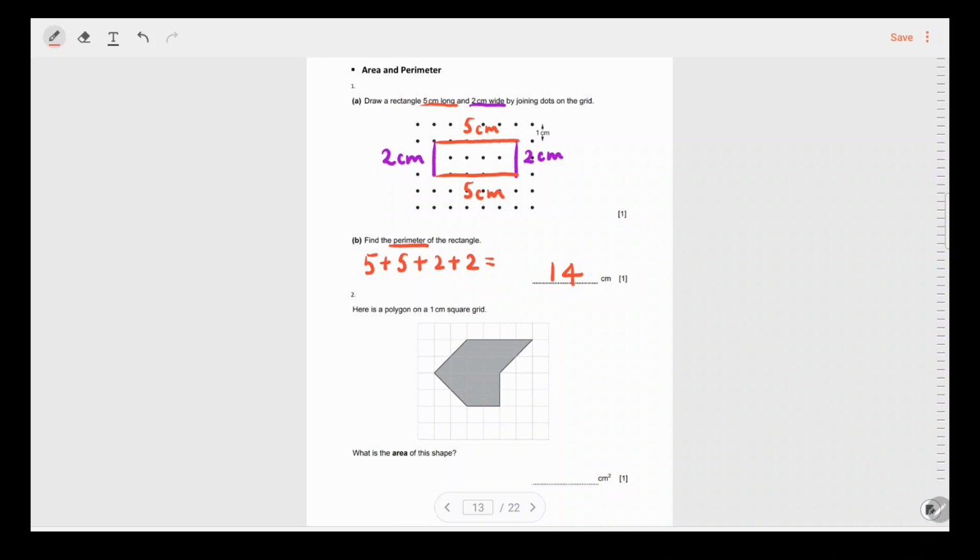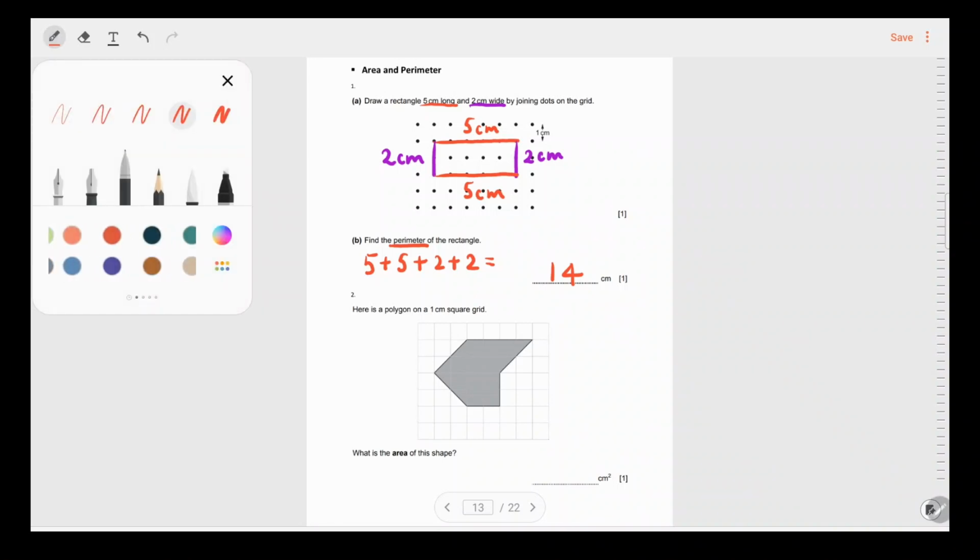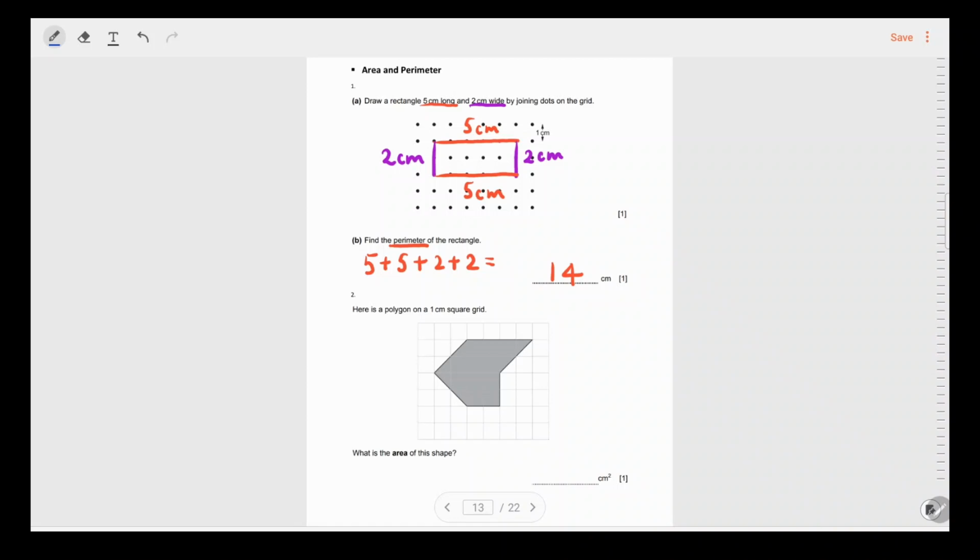The next question says, here is a polygon on a 1 centimeter square grid. What is the area of this shape? So when we need to find the area of a shape based on a square grid, 1 square is basically 1 centimeter into 1 centimeter.